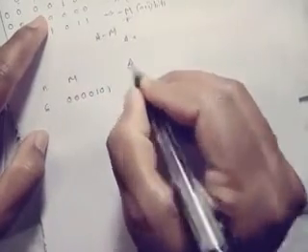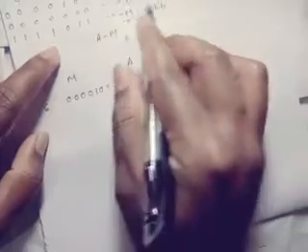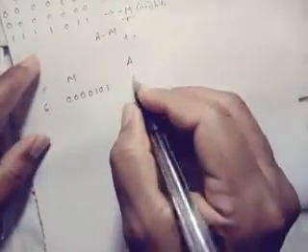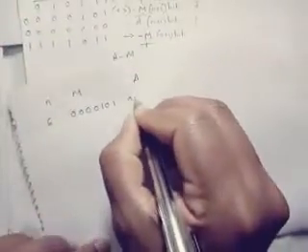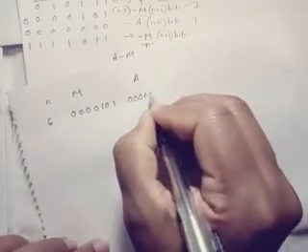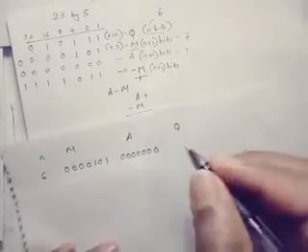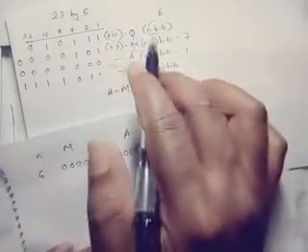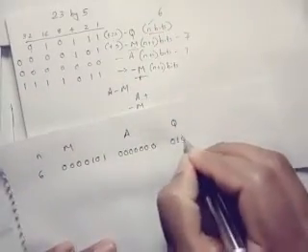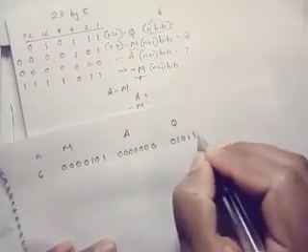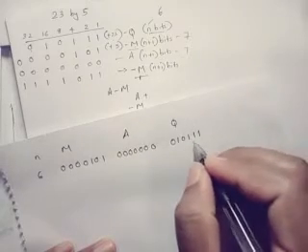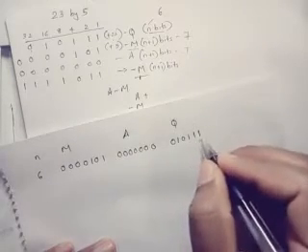A is also 7 bits, all zeros. 1 2 3 4 5 6 7. Here my Q. What is Q here? N bits, that is 6 bits. 0 1 0 1 1 1. This is my Q, that is 6 bits.